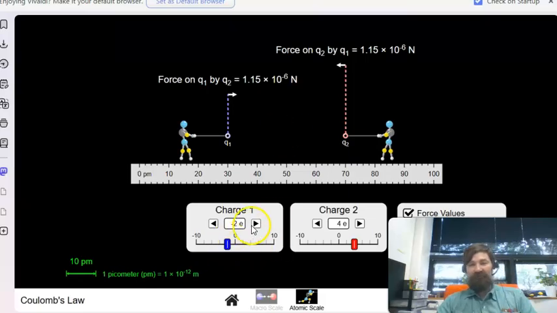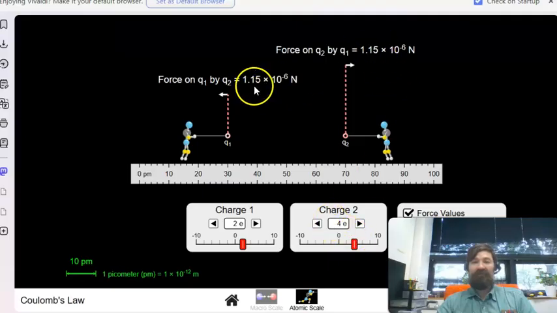If I flip the sign of this charge and make it a +2 and a +4, I have the same magnitude of charge, but both arrows just flip directions and are now pointing away from each other. So it's sort of a repulsive force. If I make this one negative instead, okay, it's attractive again. And if this one goes negative again, now it's repulsive.